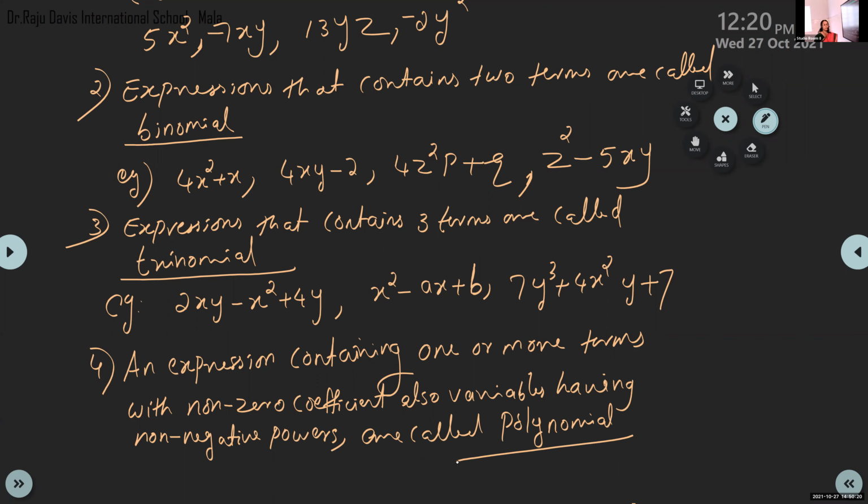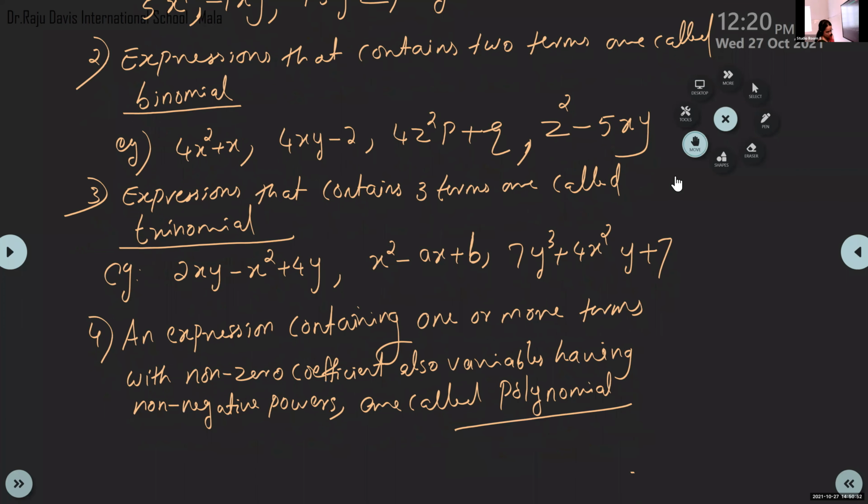Polynomial means an algebraic expression having one or more terms. So monomial, binomial, and trinomial also can be called polynomial. Monomial is a polynomial. Binomial is also a polynomial. Trinomial also polynomial. All these are polynomial. In general, polynomial. In that specification, if it is one term, monomial, two terms, binomial, three terms, trinomial.